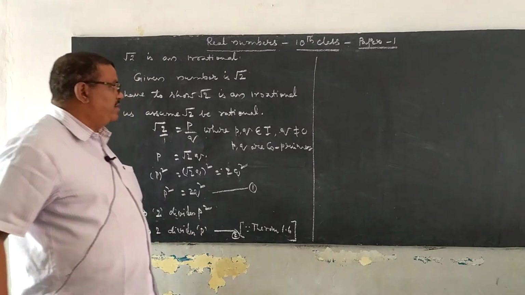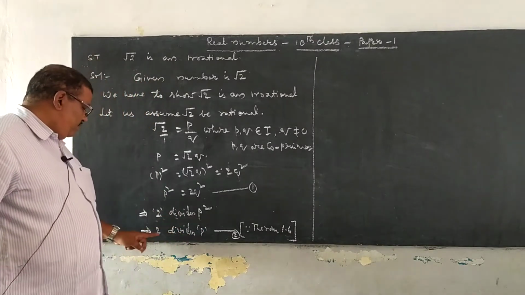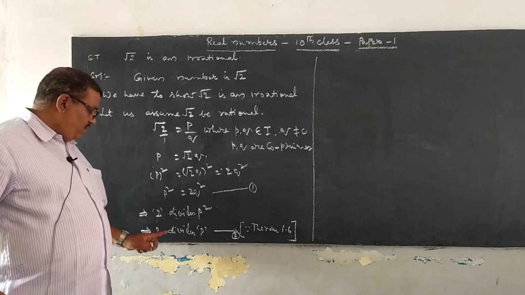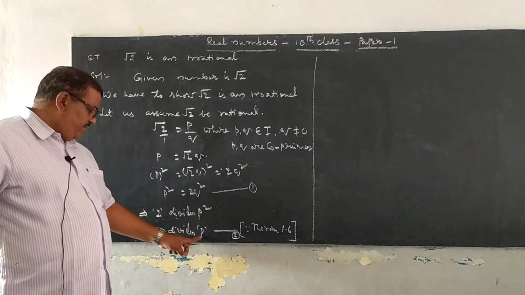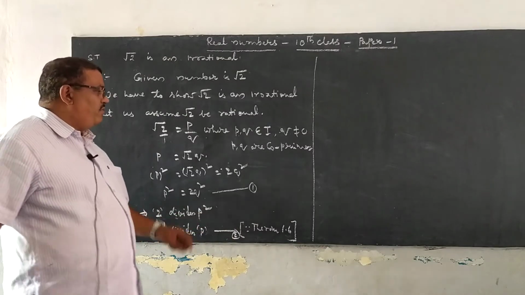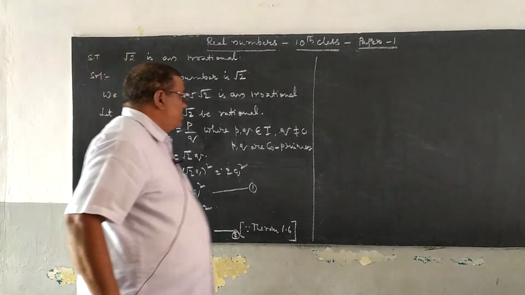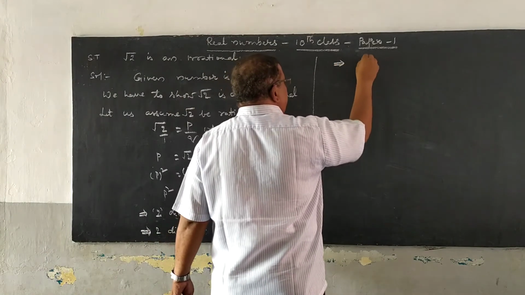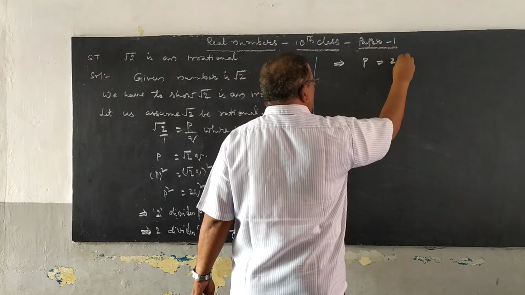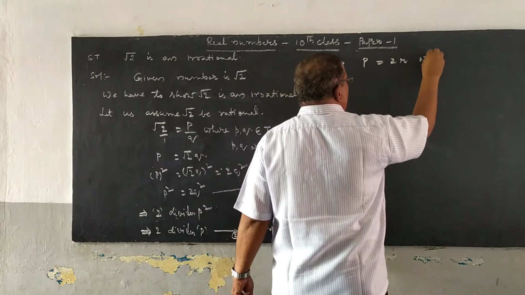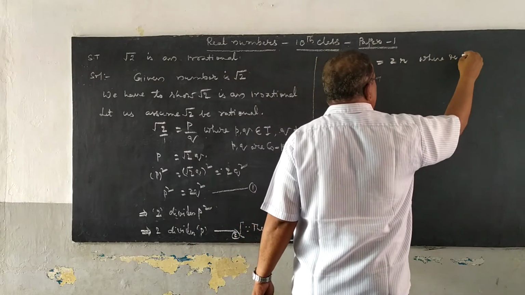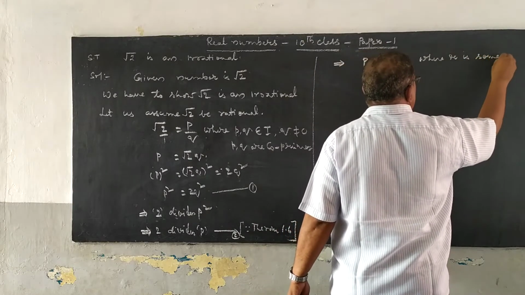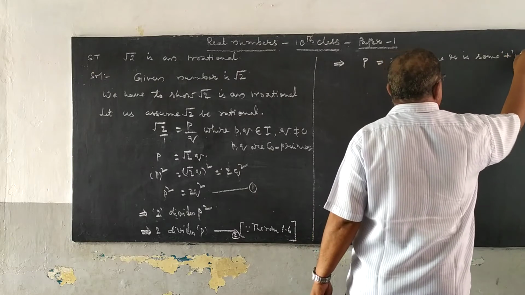When 2 divides P, P is a multiple of 2. So that implies P can be taken as 2R, where R is some positive integer.